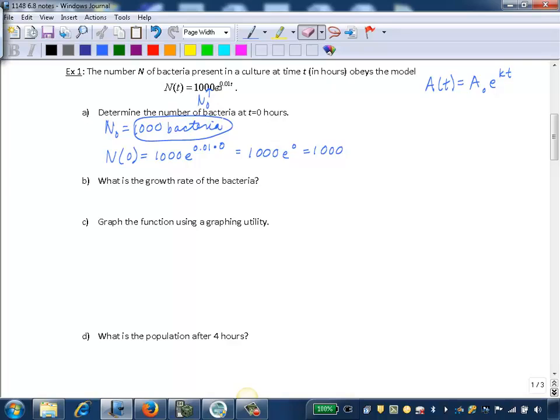So in our example here, we've got e to the 0.01 t, so that 0.01 is our growth rate. So our k in this problem is 0.01, and when we talk about that growth rate, we want to write it as a percent, so we know that's going to be 1%.